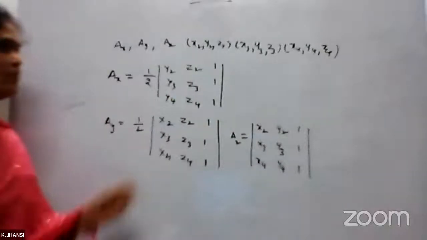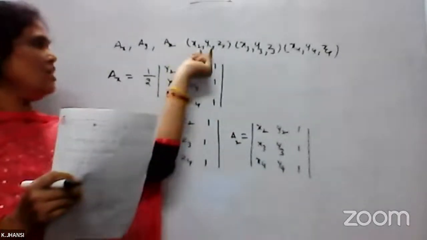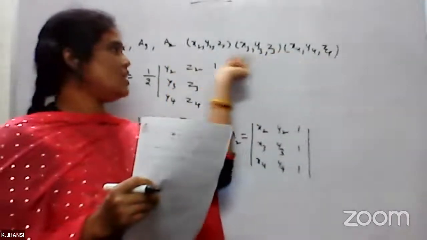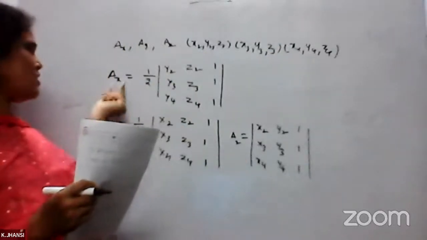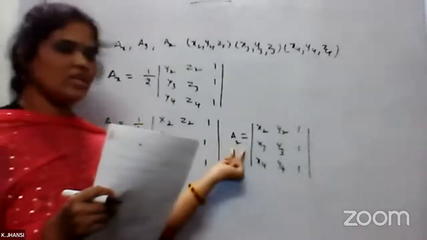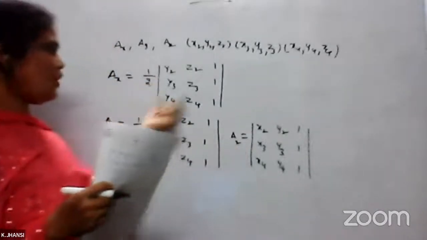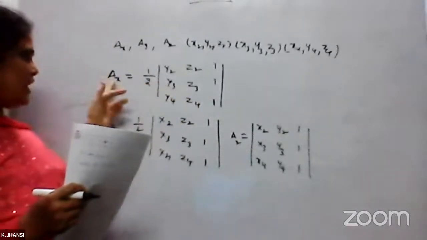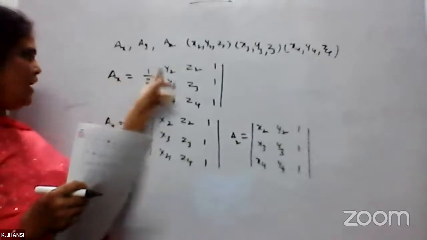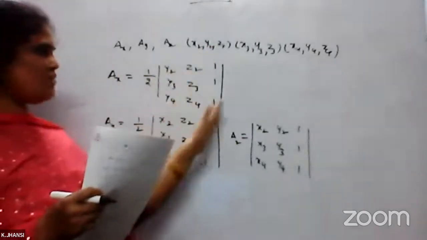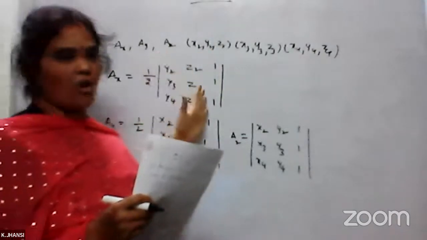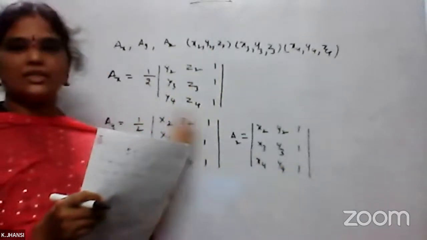So if the vertices are given like this, these are the areas we are finding with respect to X, with respect to Y, and with respect to Z. So try to remember the formulas. The formulas are nothing. If you are finding with respect to X, the X values will not be there, only Y and Z. The third column is the same for all three formulas.